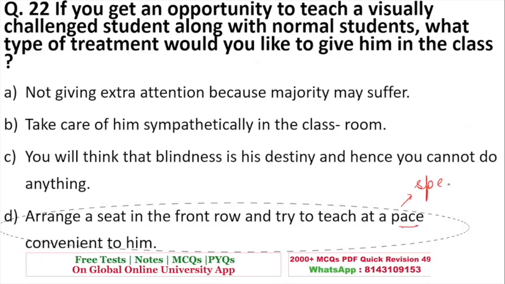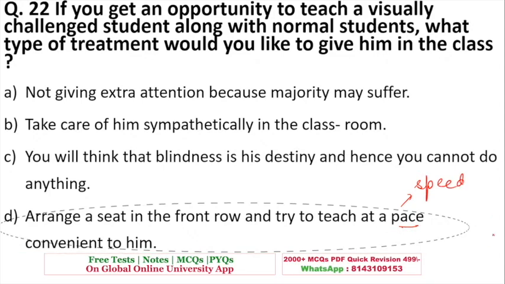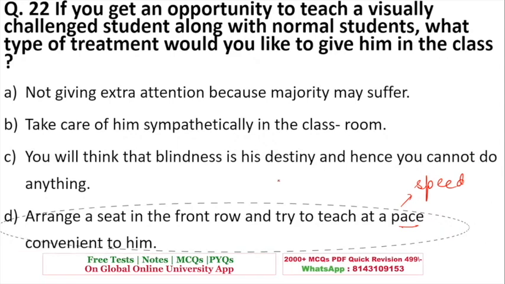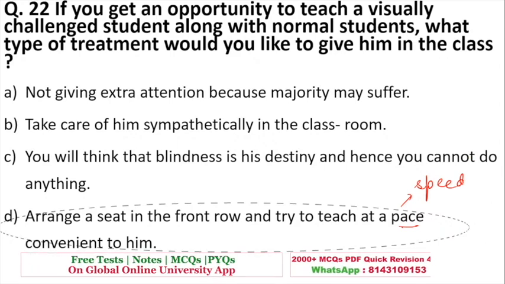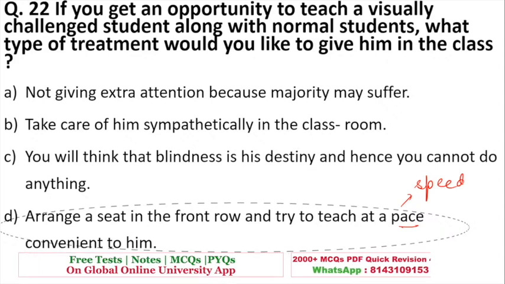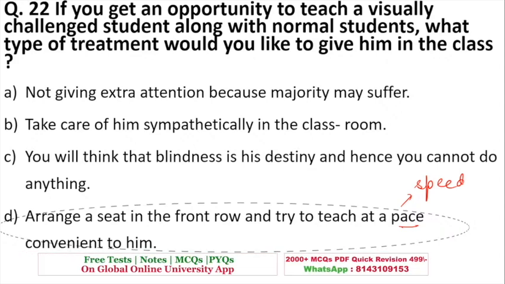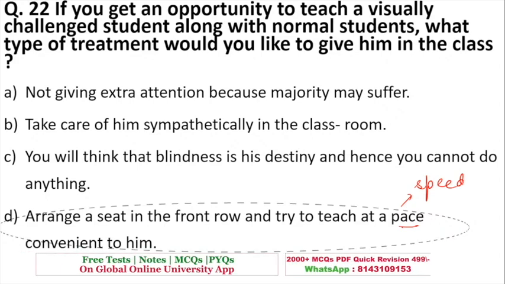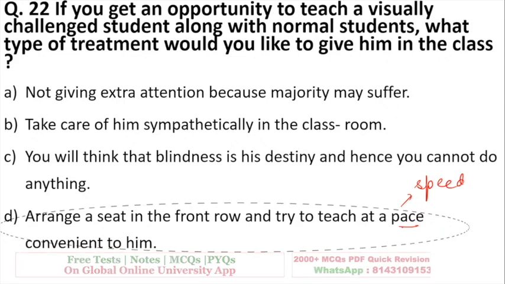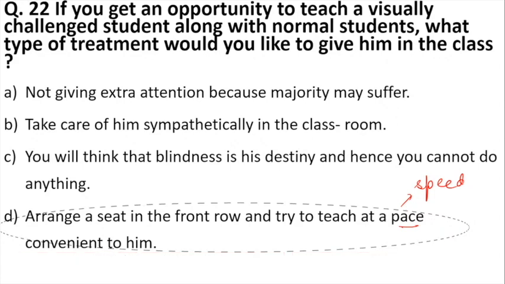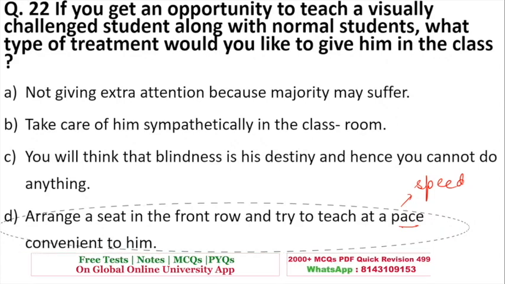Okay, she shouldn't go very fast. So a teacher should not just ignore the student who is having a problem with the vision. She should take care of that student also and the other students as well. D is the right answer.